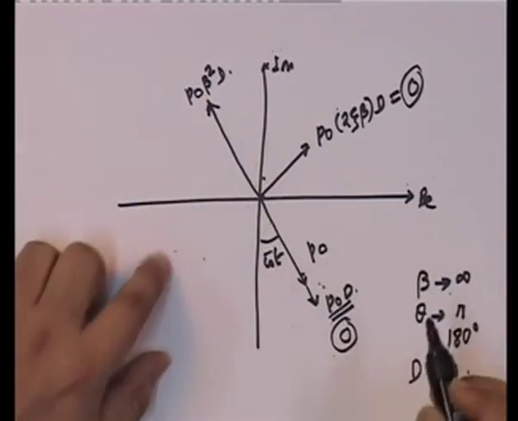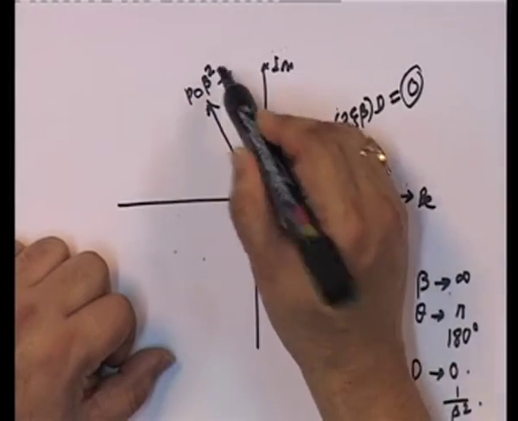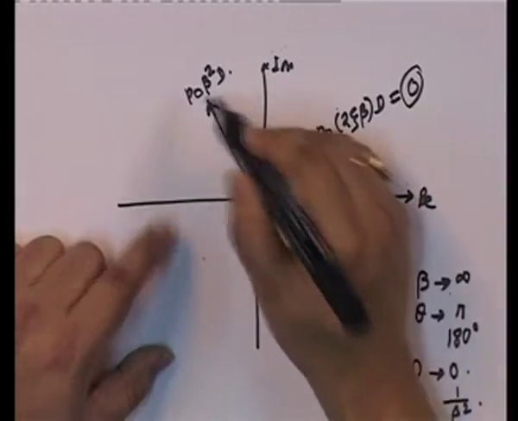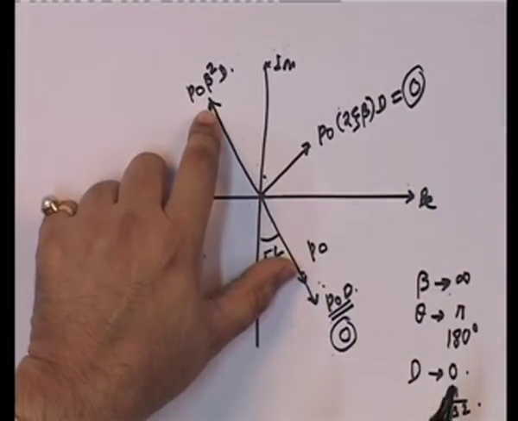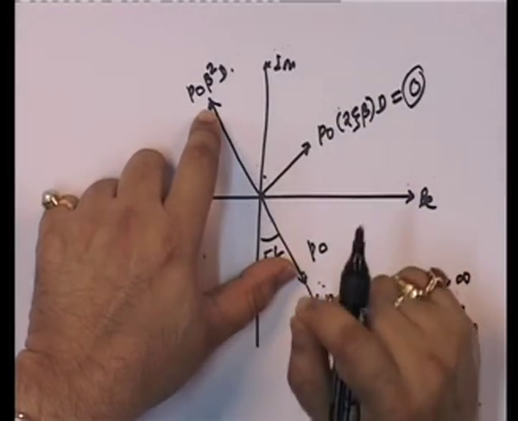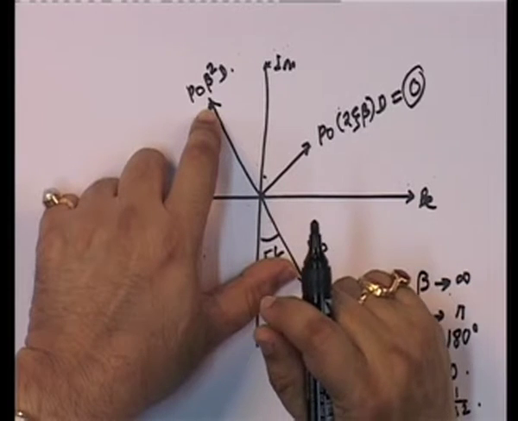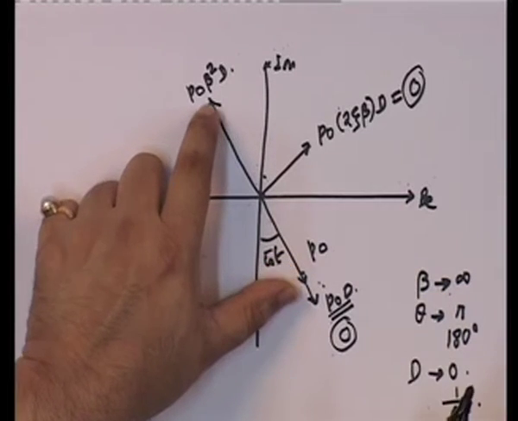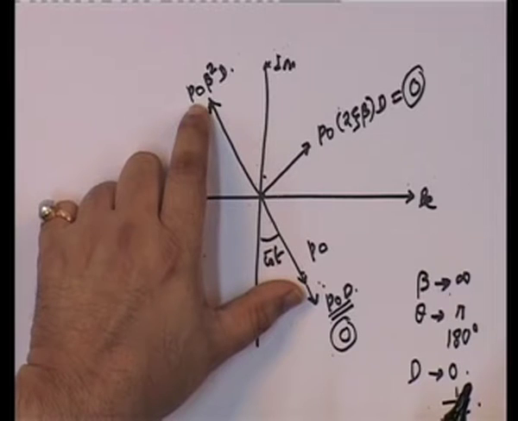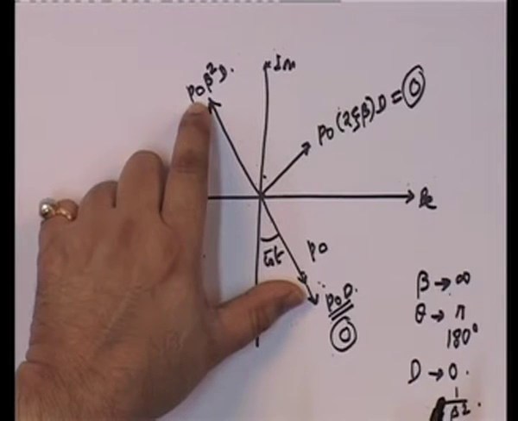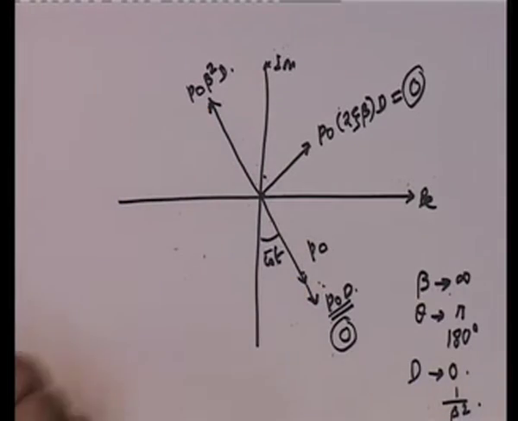Remember, we had done all of this a couple of lectures ago, and remember I said that elastic force was 0. Why? Because the applied load is completely resisted by the inertial load, and therefore, elastic force is 0.